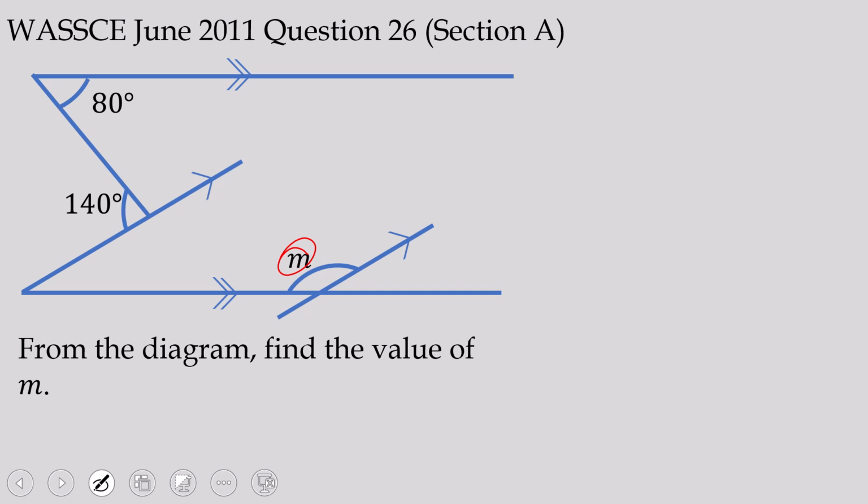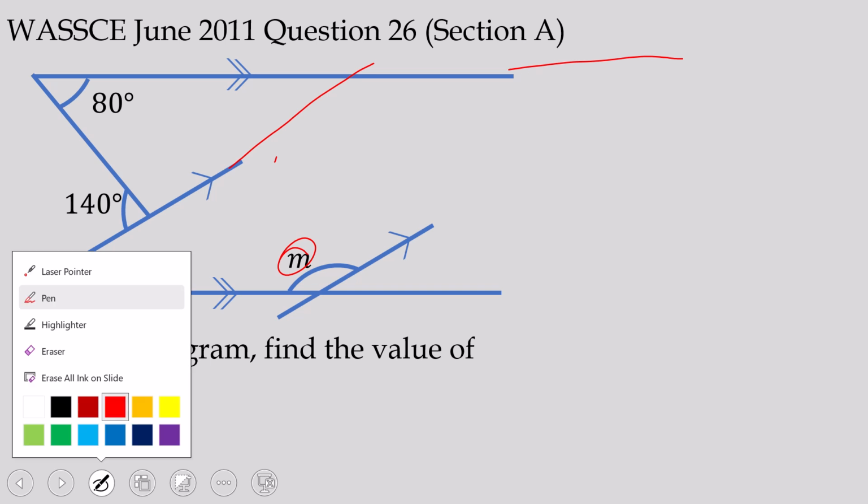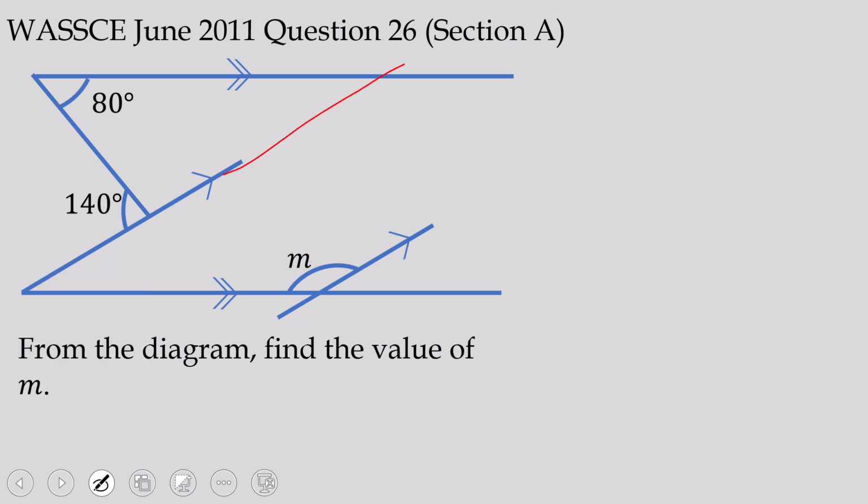One way to do this is I can decide to extend this line over here like this, and so I extend this line over here. I can extend this over here, and I can extend this over here too. Okay.